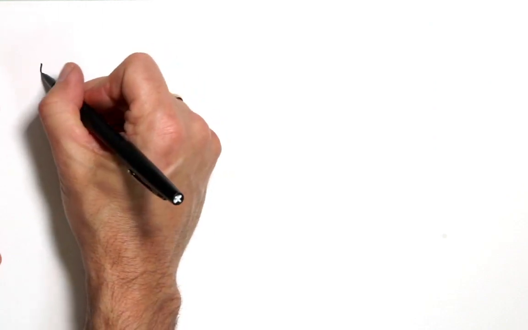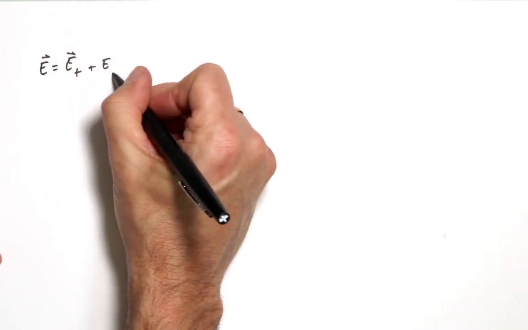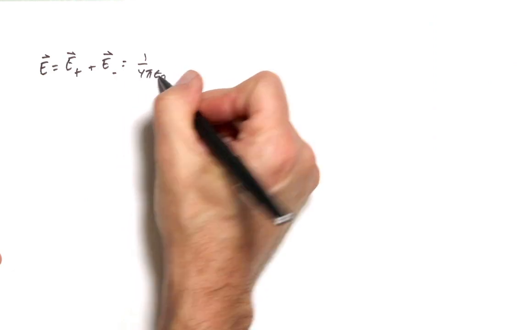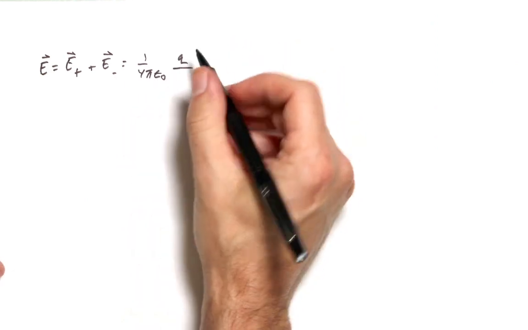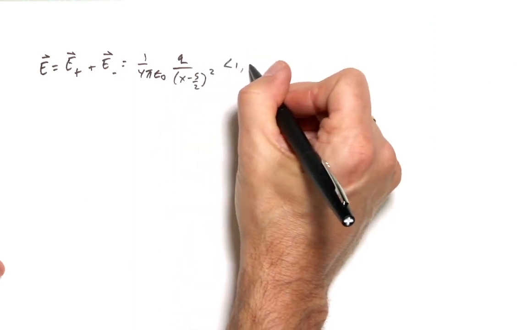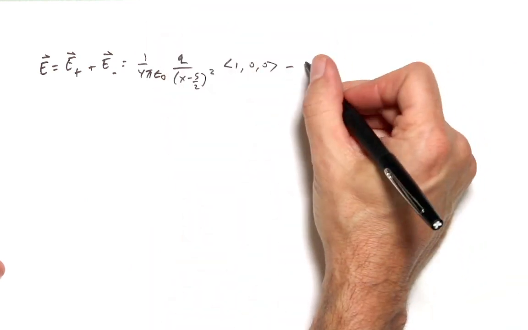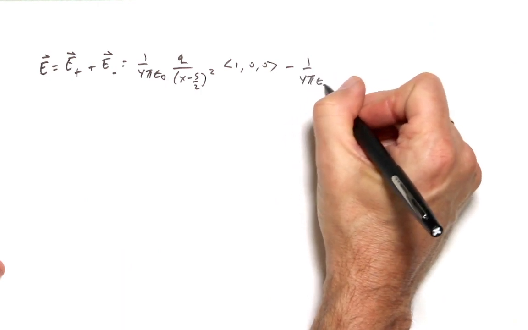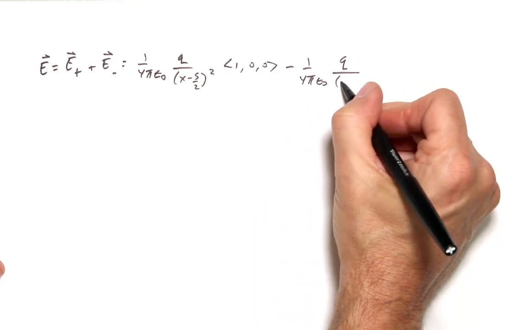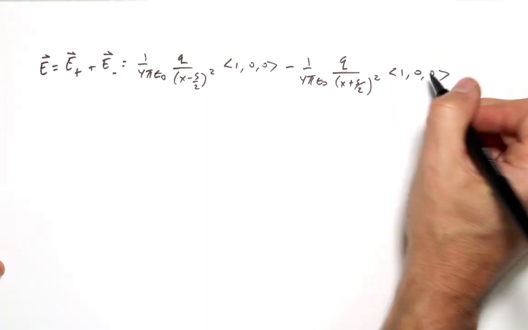So I have E equals E plus plus E minus. And that's going to be equal to 1 over 4 pi epsilon naught Q over x minus s over 2 squared, 1, 0, 0. And then the other one is a minus, so it's going to be minus 1 over 4 pi epsilon naught Q. See, I had the minus Q, let's put the minus right there, over x plus s over 2 squared, 1, 0, 0.